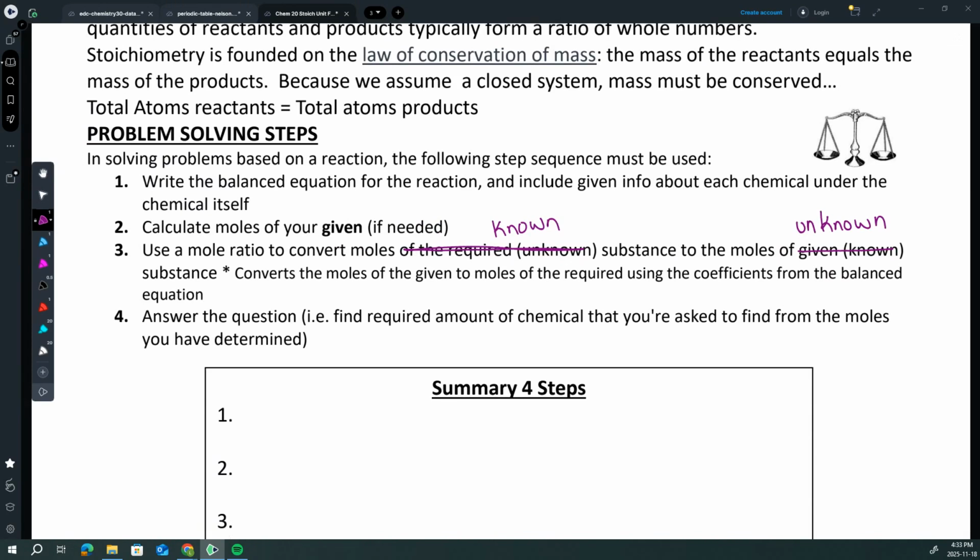The reason why this step is left fairly vague is it just depends on what your question's asking for. If your question asks for the mass of your unknown substance, then you're going to convert moles into mass. If the question asks for a volume, then you need to convert from moles to volume.